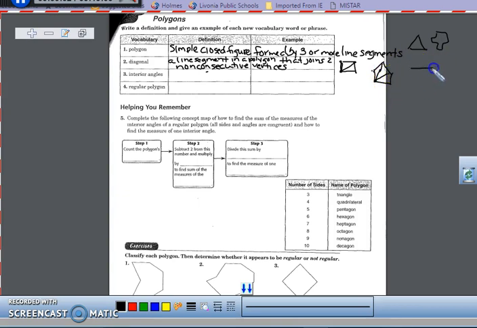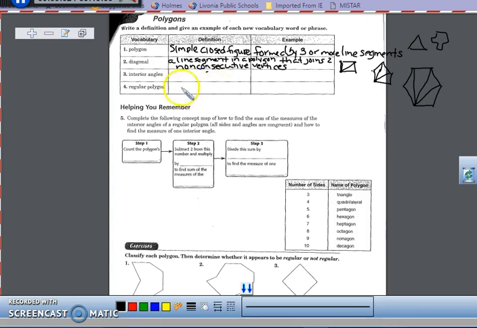Let's make a hexagon with 6 sides. Hard to draw straight lines with this. I'm going to start in this corner. I can't connect to this vertex, but I can connect from here to here, from here to here, and from here to here. Imagine those are supposed to be straight lines. Those are all diagonals, and we're going to come back to those diagonals and the triangles inside of them.